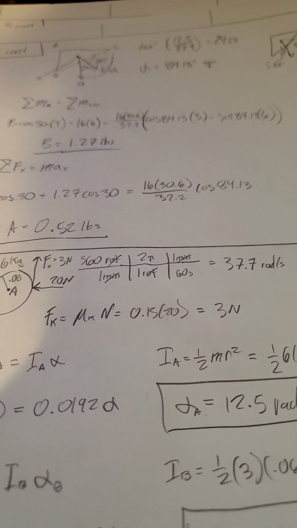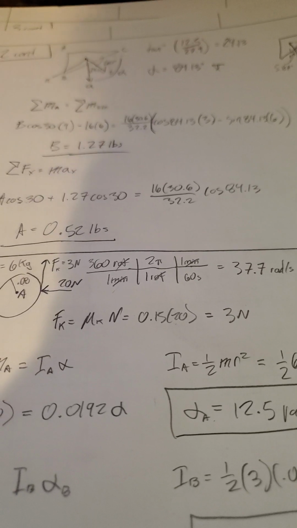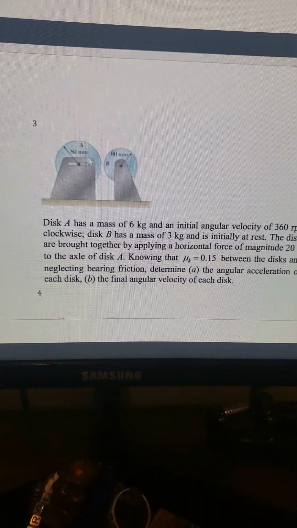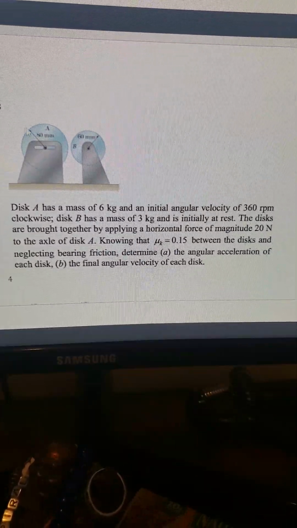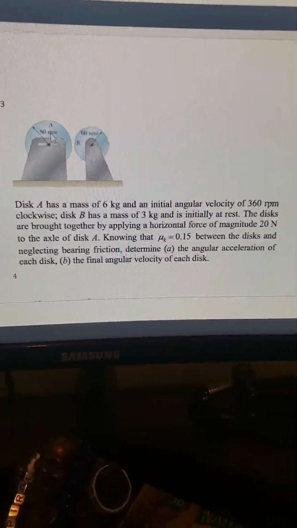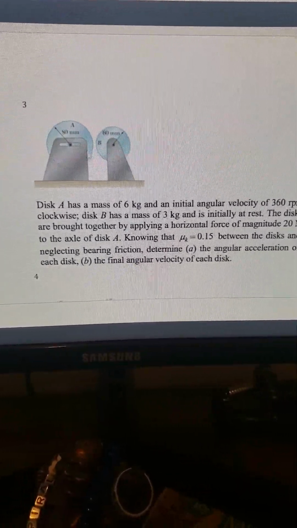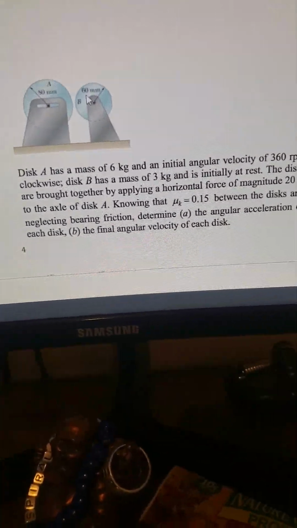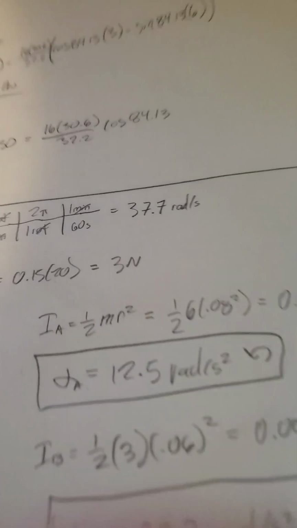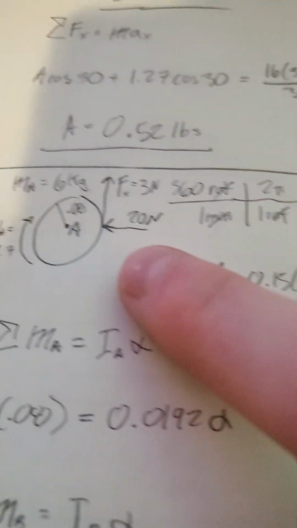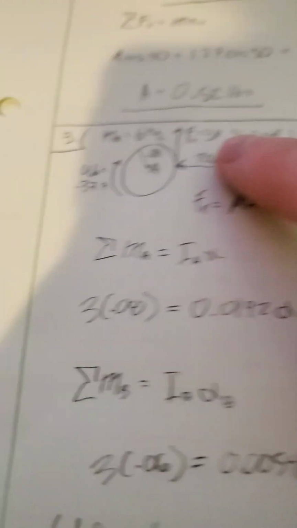So for 3, this one was the 2 discs. Yeah, so this was the 2 discs that are pushed together. This one has an initial angular velocity, and this one starts at 0. They're pushed together, and essentially we're trying to find when. And there's a coefficient of static friction in between them as well.